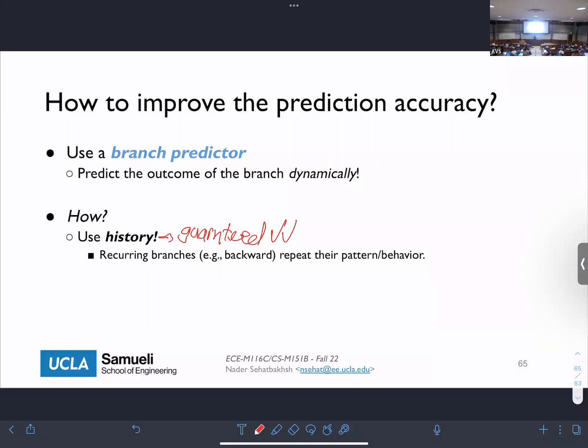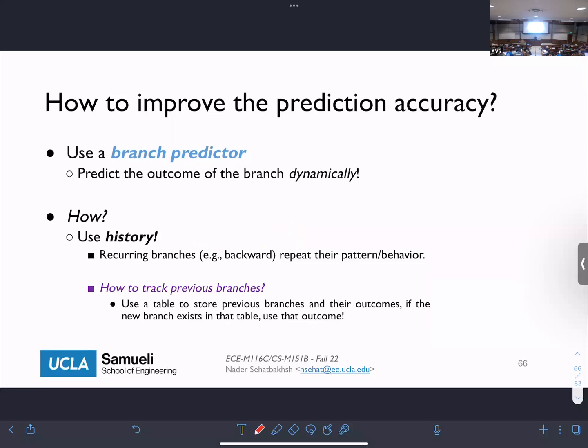Sometimes it could be all taken, sometimes not taken. We can look at the history and say this branch tends to be taken more than not taken, so I'm going to predict that it's going to be taken, and hopefully that would be correct. For some other branches, I'm going to see that this branch is most of the time not taken, so I'm going to predict not taken for this one. But it's not guaranteed. Sometimes we are correct and sometimes we are not, and it's slightly different from BTBs.